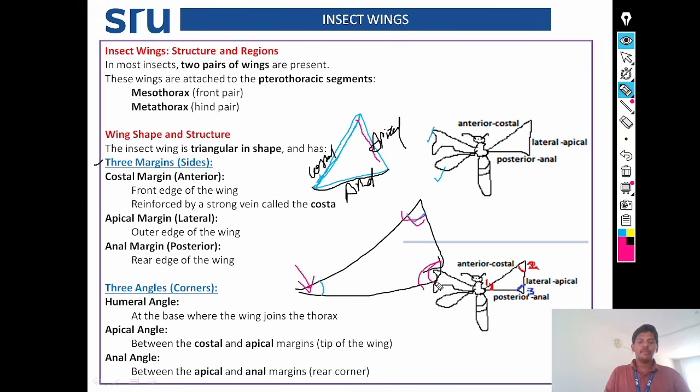Next, the anal angle is there between the apical and anal margin. So in an insect wing, three margins and three angles are there.